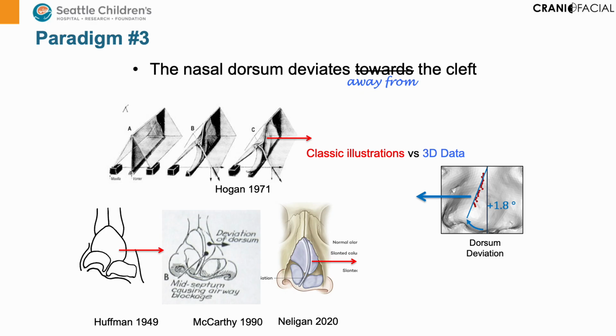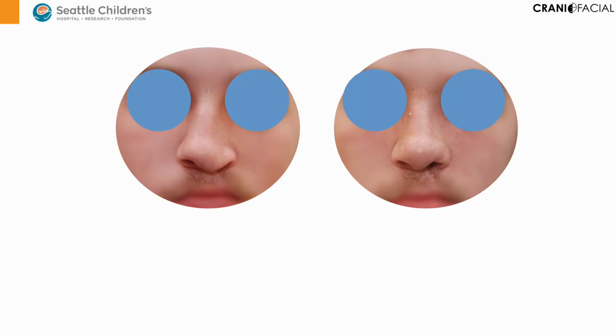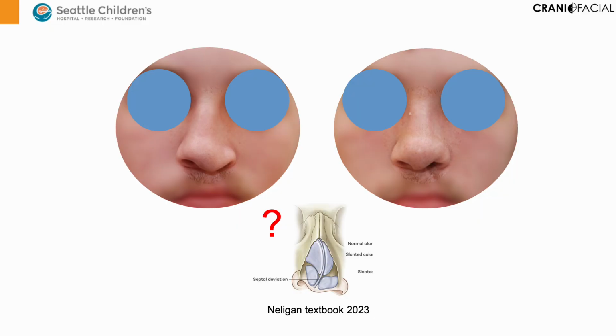As for the nasal dorsum deviating away from the cleft rather than towards it, that's the part that's kind of crazy. Because imagine this. This is an example of a patient who we've straightened their nose. We've shifted things to midline. But if we followed what the textbooks told us and moved the nose the other way, this would be an absolute disaster.